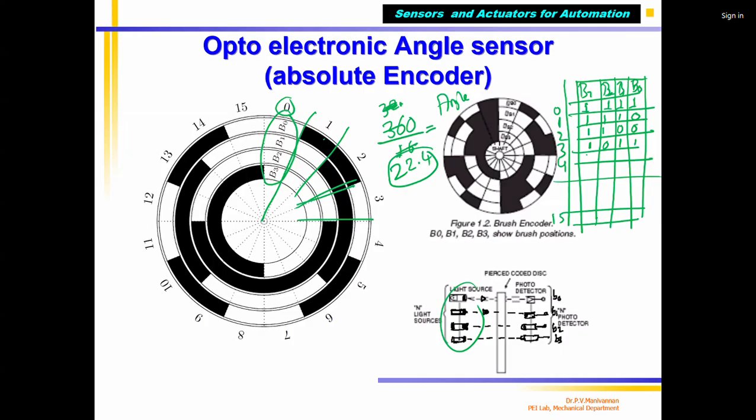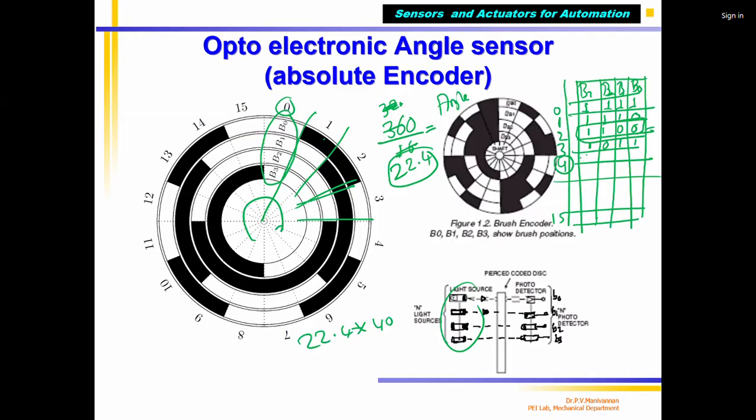Okay, the main advantage of this is if power goes off and comes back. For example, my disk is generating this pattern. Correct? They call it a binary pattern. Now, when the disk is rotated by, for example, 4 steps, that means 22.4 times 4, that many degrees this shaft has rotated. Now power went off. It came back.